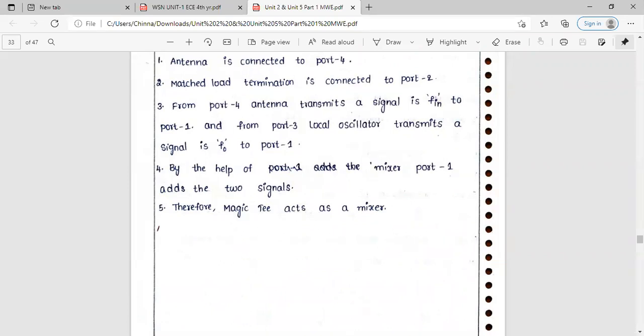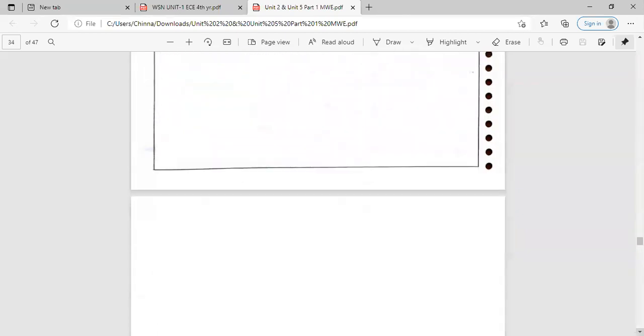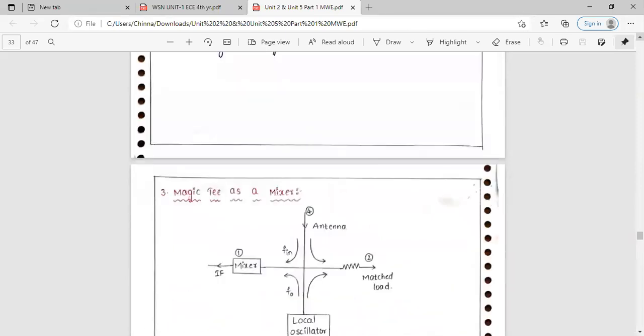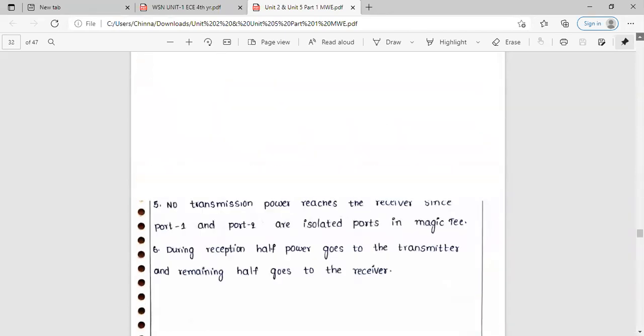These are the applications of the magic tee. The diagrams will compulsorily look similar, but the difference is in the operations.